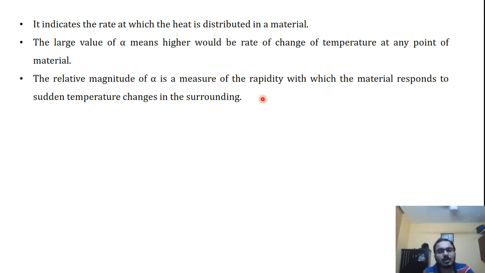So in case alpha is higher, that is the case of metals. So let us say that we are having a metal which we are putting it in a very high temperature. So that metal will also rapidly increase its temperature because of value of alpha is higher. However, if we apply the same thing for liquids, then it will not immediately change its temperature very rapidly because it is having sluggishness to the temperature variation.